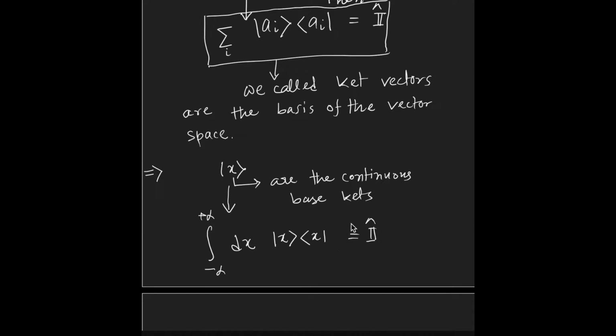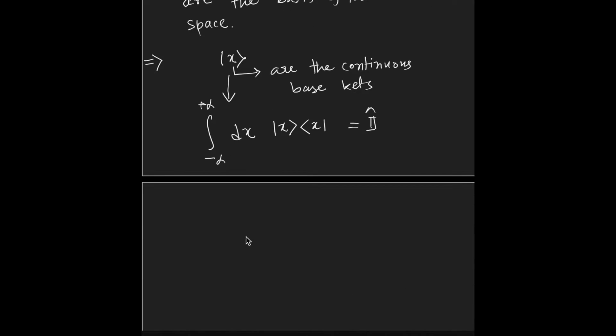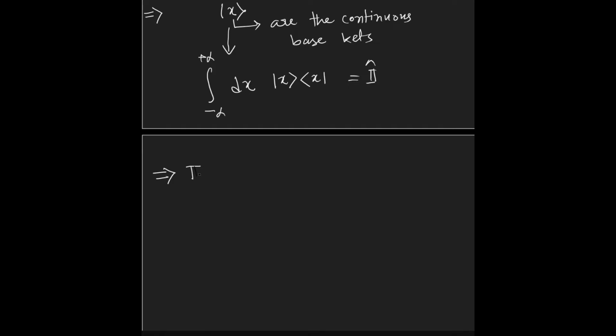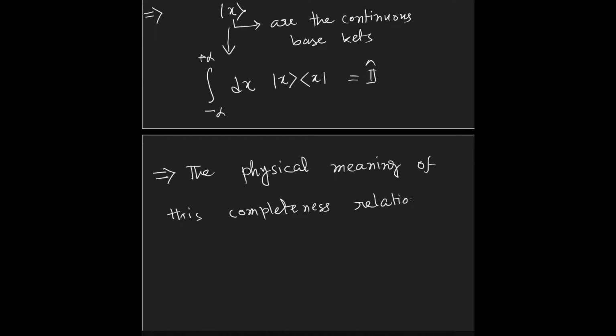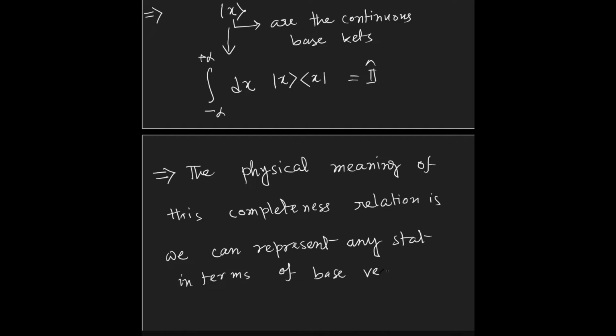Now what does the completeness or closure relation mean? Physically, it means we can represent any state in terms of base vectors.